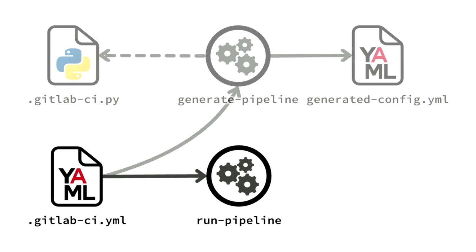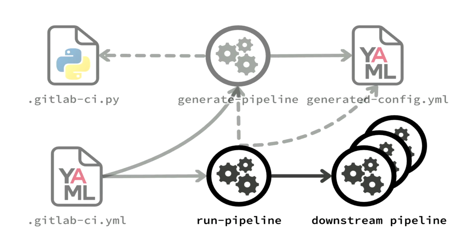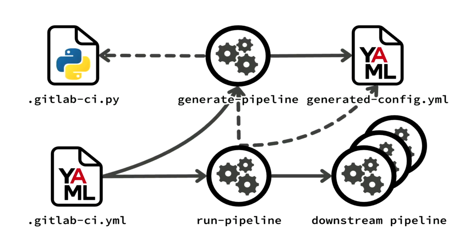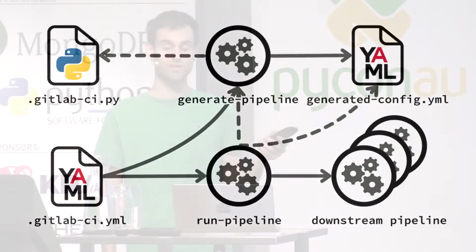The original CI config file had also defined a run pipeline job that has a needs on the generate pipeline job, as it uses the generated CI config file to then create a child pipeline that runs all the previous jobs that we want to run. This is great because it means we can replace writing all of our YAML with Python.